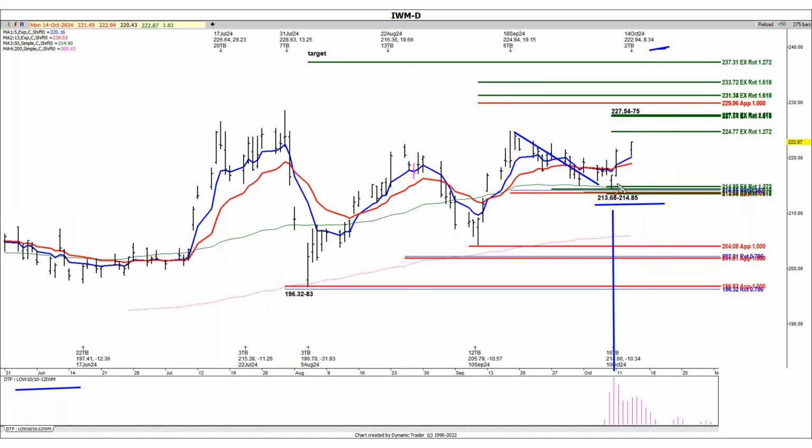So potential targets, well, we have a target off of a minor swing, but the target off of this swing is included here, but you have an overlap of at least two extension levels, 227.54 to 75. So that's our first real target for IWM. But also we have this prior major swing that held way back when.